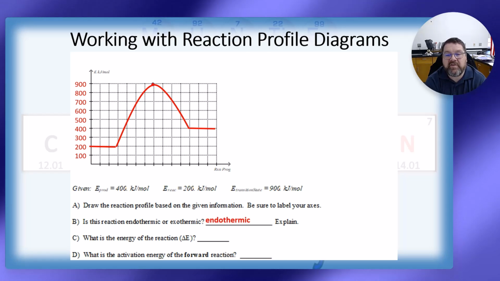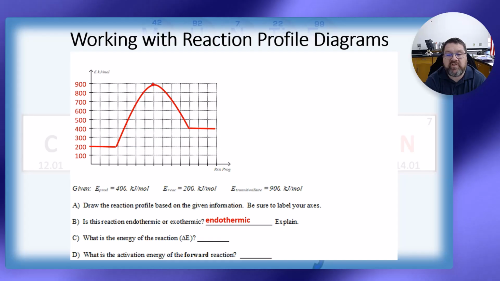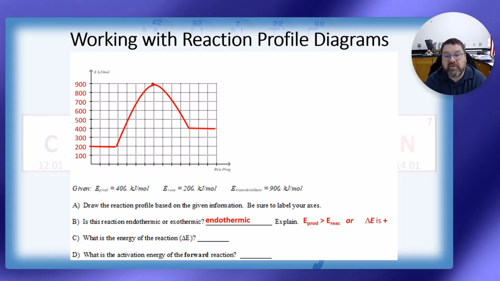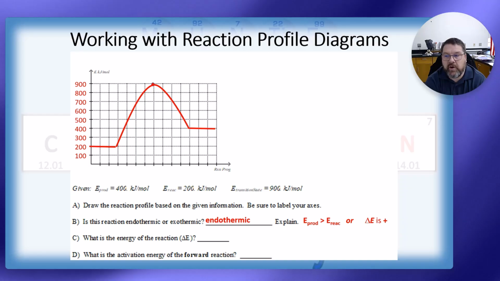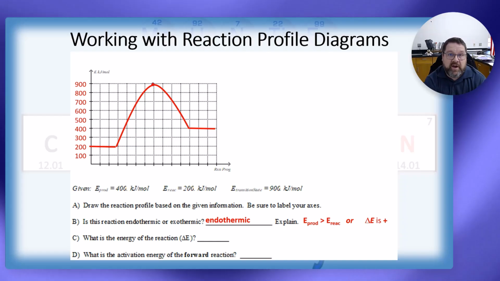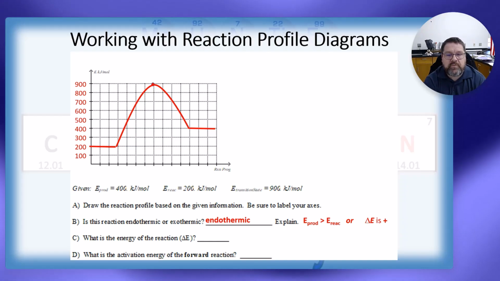That gives us a positive value, so therefore we would say it's an endothermic reaction. And so again, our explanation, our justification could rest on either citing that energy of products is greater than energy of reactants, or that delta E evaluates to be a positive value.